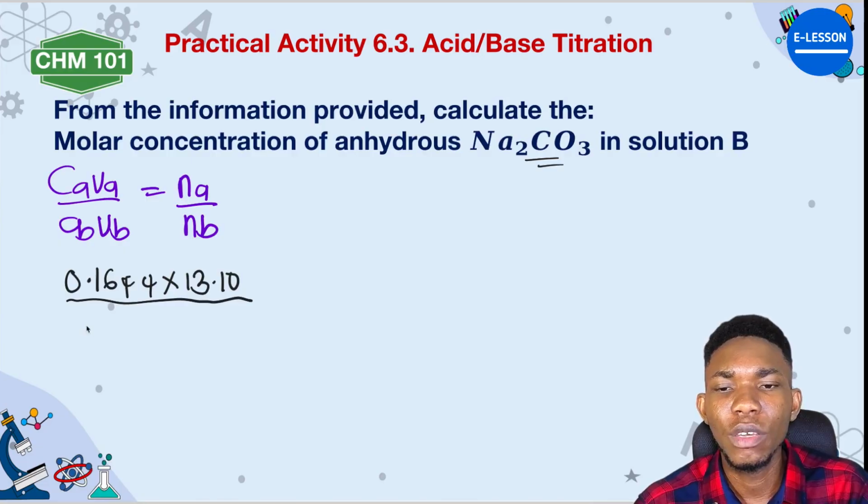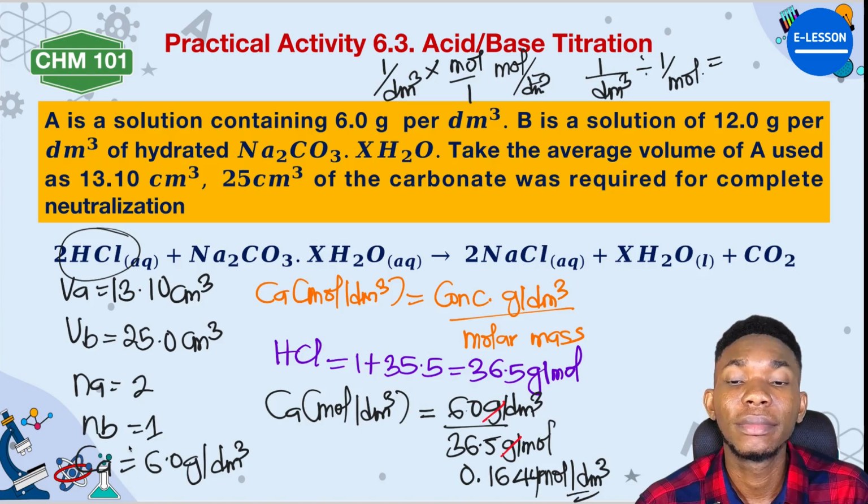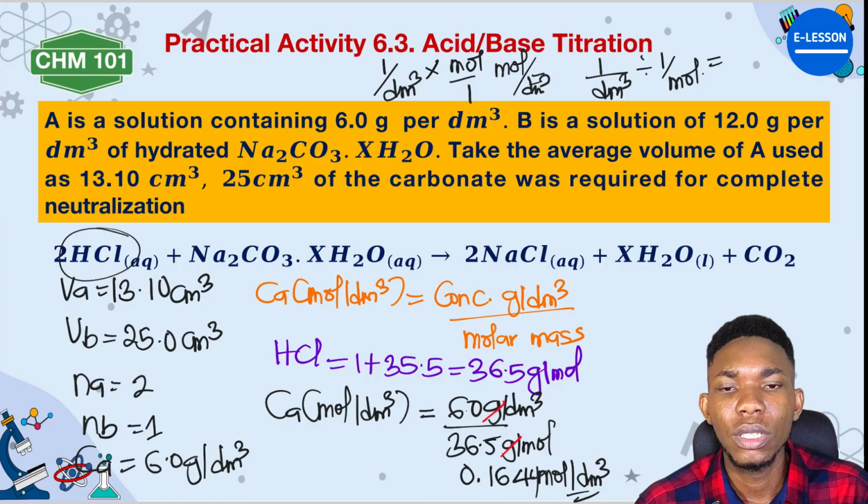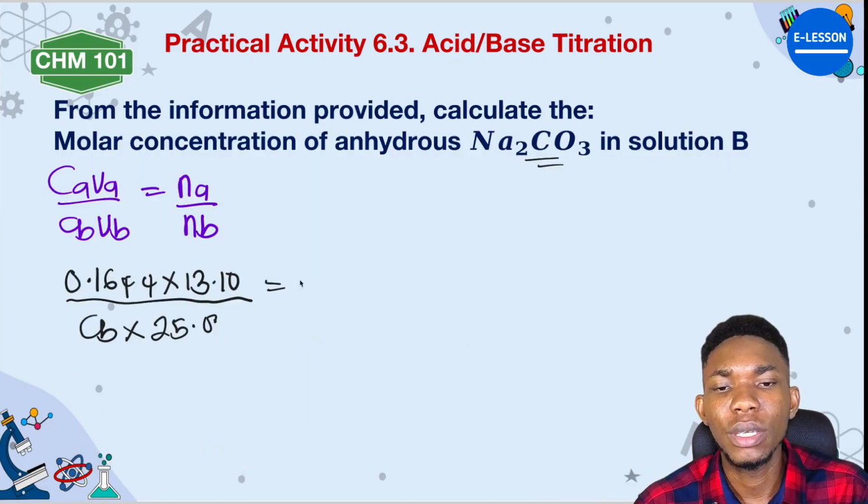That is what we are looking for, CB, times the volume of the base, which is 25.0, is equal to NA is 2, NB is 1. So it's 2:1. If you do this calculation, 2 times everything here will give us 50 CB, because 25 times 2 will give us 50 CB.